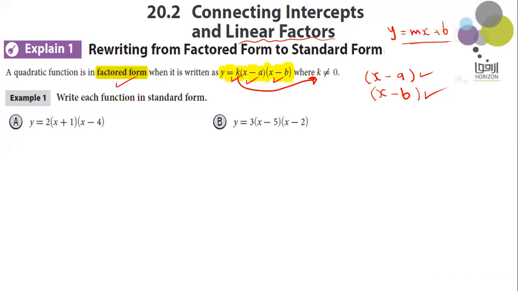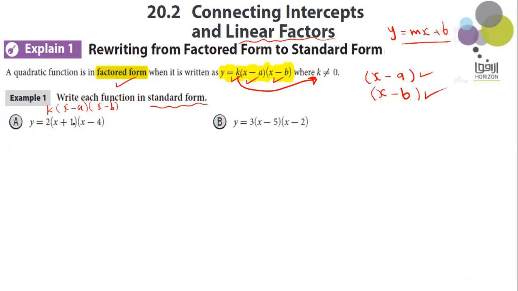Look at the first example we have. Letter A. He asked you here to write each function in standard form. So this function is written in factored form. Why? Because it is in the form k, x minus a, x minus b. So in factored form, 2 for k, x plus 1, x minus 4.